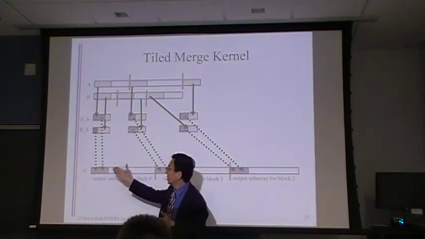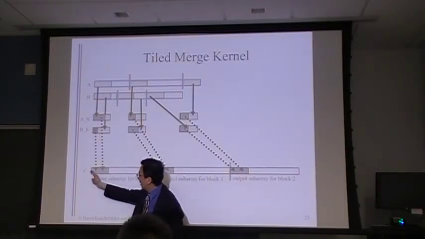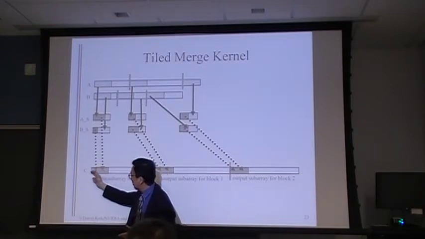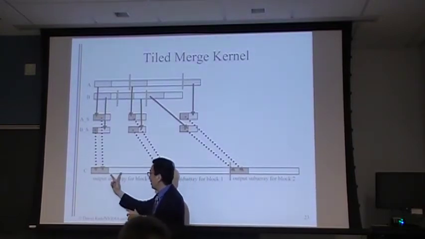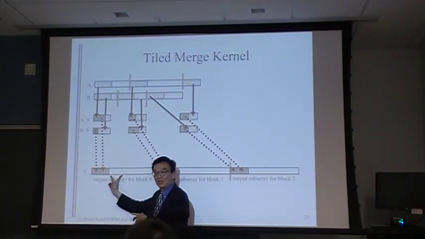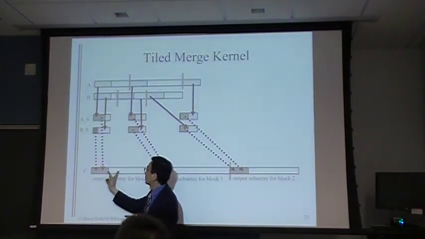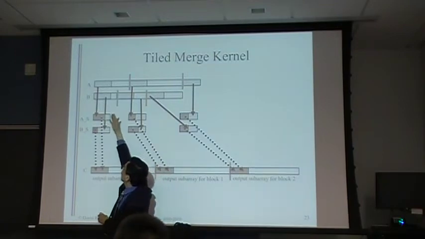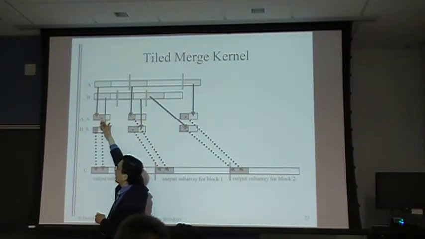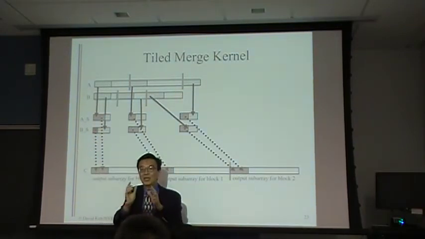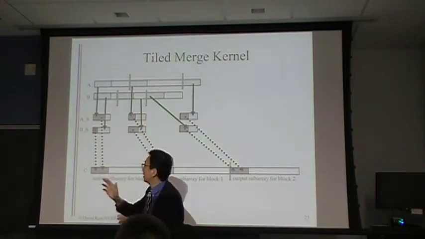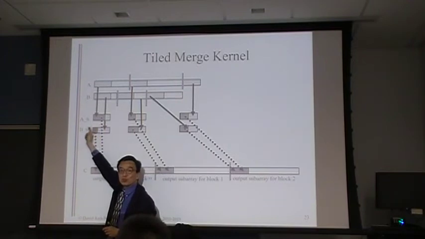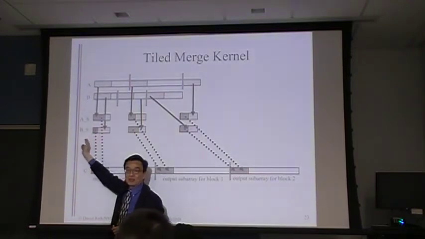After they're done, you have a tile of C sections complete. Then you move on to the next section of C. The next section of C is going to need also a tile of A and a tile of B, but the data will be right immediately after the data that you have consumed in that first phase.